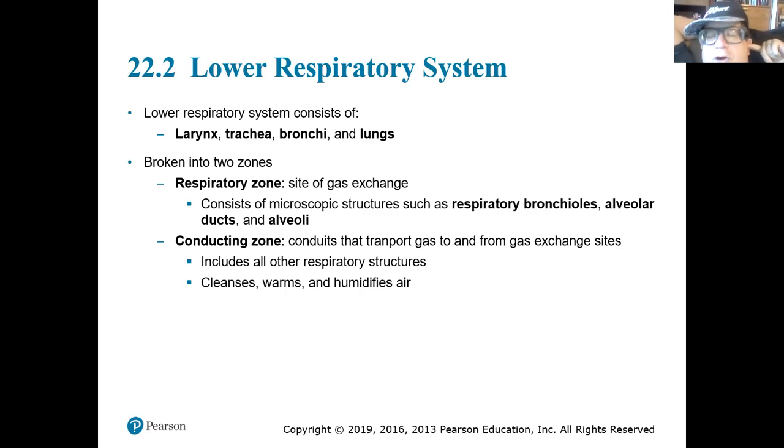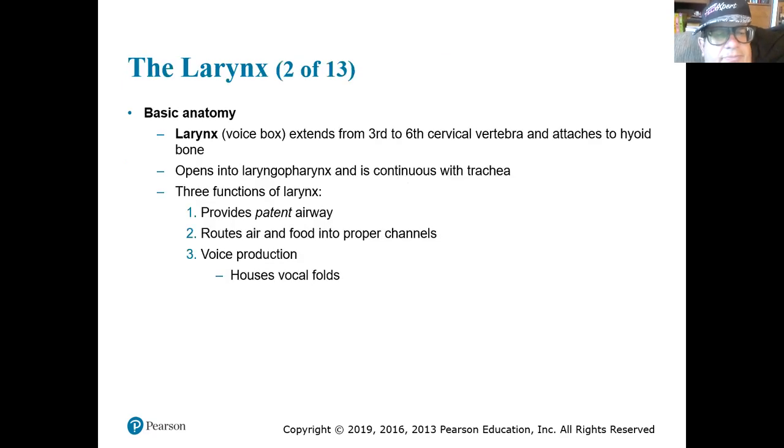If that's true, we call it a respiratory bronchiole. Bronchioles that don't have any alveoli on them, we just call bronchioles. If the bronchiole has an alveolus on it, it's a respiratory bronchiole. Anyway, the conducting zone cleans, warms, and moistens air. The respiratory zone is where we do the gas exchange.